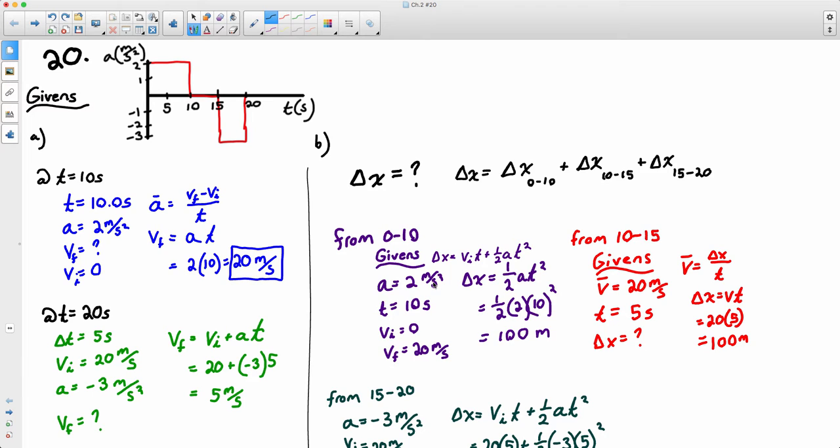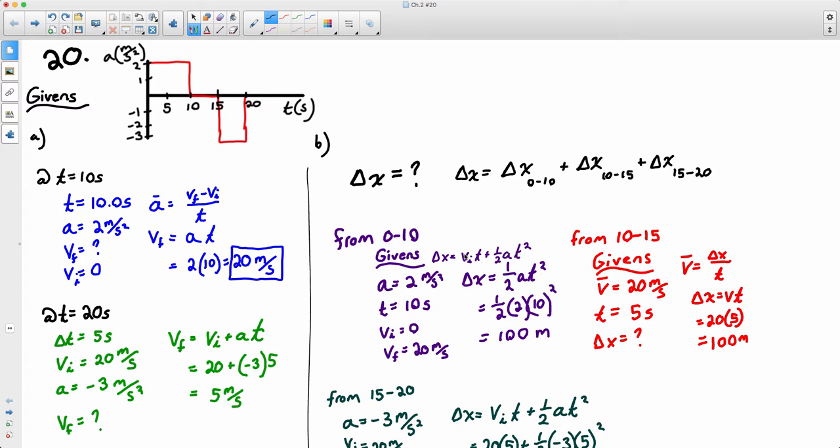So for the first part, 0 to 10, if I write my givens down, I have an acceleration. My time, it's over 10 seconds. It starts from rest, or my initial velocity is 0, and my final velocity is 20 meters a second. And we found that in this problem right here. So here's the formula that we're going to learn.